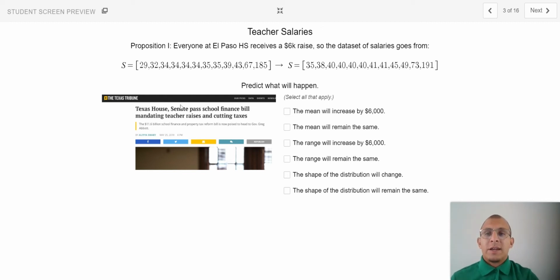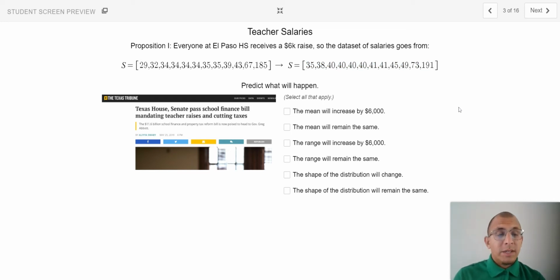So on the left-hand side here, these were the original salaries of 12 teachers and school faculty: 29,000, 32,000, 34,000, so on and so forth, up to our anomaly of 185,000. Let's say that this was the principal. And then after the $6,000 raise, this is what the data set now reflects.